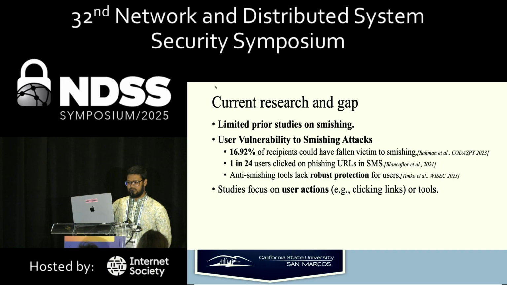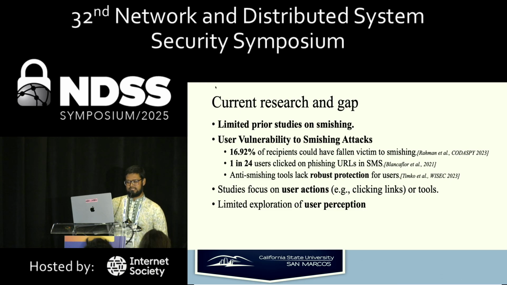Another research group found similar results, 1 in 24 users clicking the URL they receive. There are also studies on anti-smishing tools, on whether they are robust or not. But mostly those are user action or tool related studies.